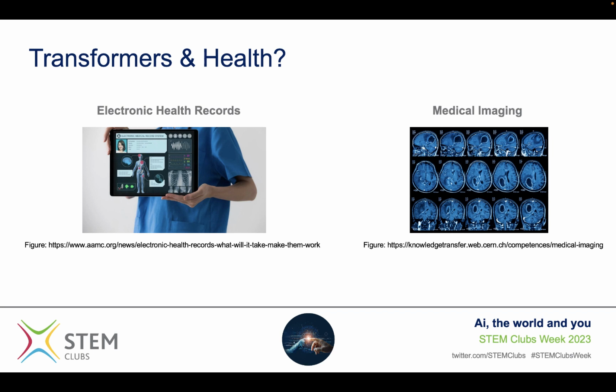Another area is medical imaging, for example. Now you may think, imaging, we talk about language models here, right? Well, as I highlighted earlier, if in one area something works really well, then other machine learning areas in artificial intelligence may think, perhaps we should grab this model and try it ourselves.